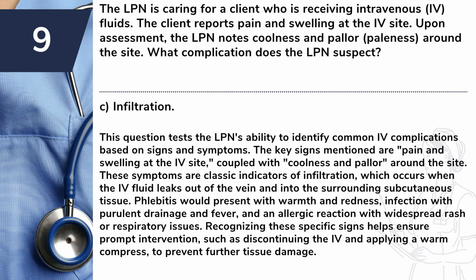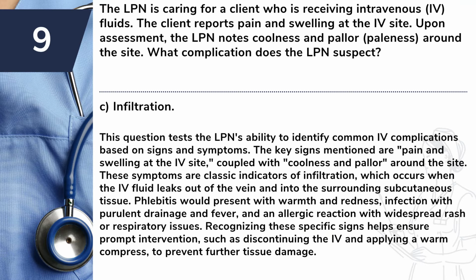Answer C. Infiltration. This question tests the LPN's ability to identify common complications based on signs and symptoms. The key signs mentioned are pain and swelling at the IV site, coupled with coolness and pallor around the site. These symptoms are classic indicators of infiltration, which occurs when the fluid leaks out of the vein and into the surrounding subcutaneous tissue.